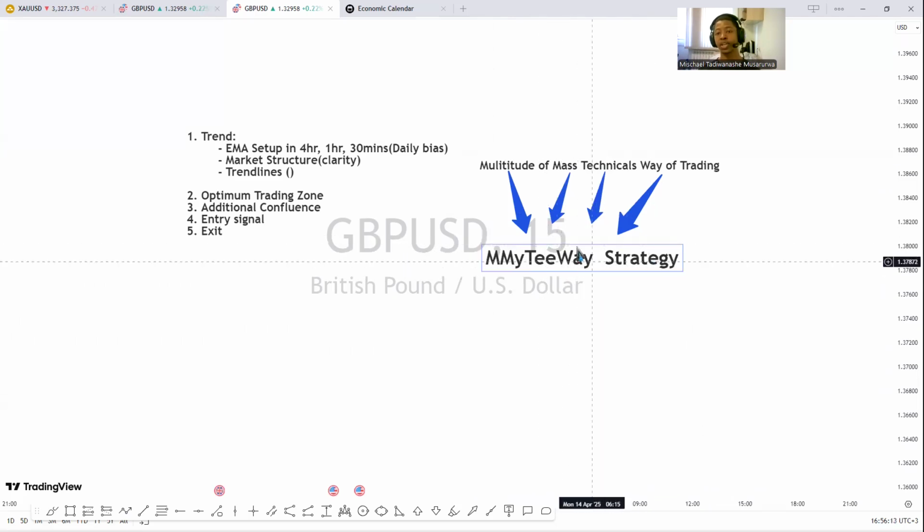I just had to figure out so that the name of the institute is the same as the name of the strategy, and I came up with this name. Although it was by coincidence, it was also very fitting of the strategy because it uses math technicals which I learned from the textbook, but I filtered everything so that I can use the things that are most relevant in my strategy, the things that work for me.